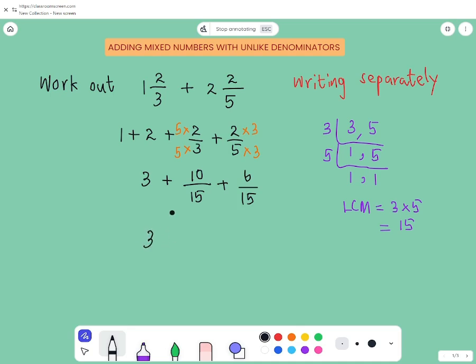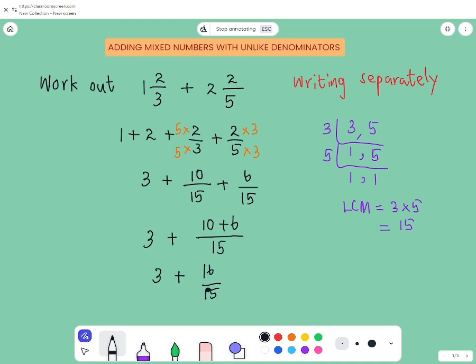Then 3, and now the common denominator is 15. So numerators you can add, 10 and 6, 3 and 16 over 15.